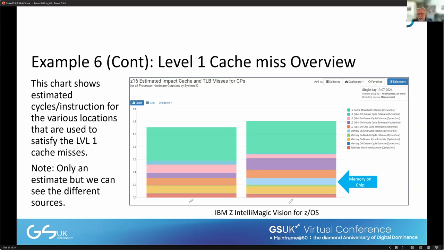So what we can see here, based on the 113 data, is when there are cache misses, where it's being sourced from. So clearly the Q002 is sourcing its cache misses from areas further away from the level 1 cache. Okay, so that's what this chart is showing us. It's only an estimate, but it gives us a good idea what's happening between these two LPARs.